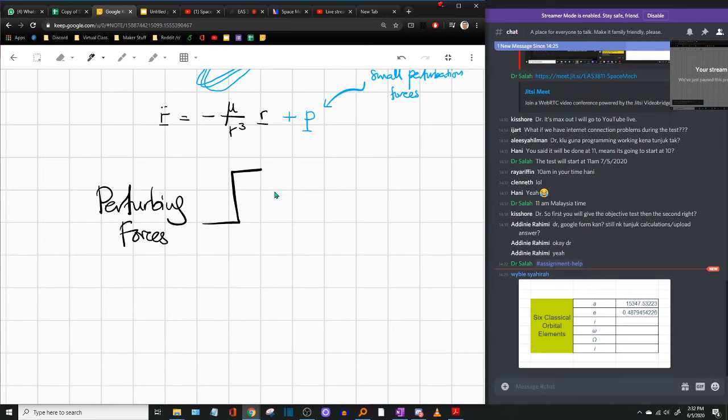Although they are far away, sometimes their gravitational attraction is pretty strong, and it kind of disturbs our satellite a bit. So we call this a third body perturbation. This is a small force caused by the gravitational pull of the moon and our sun, that is pulling or pushing our satellite.